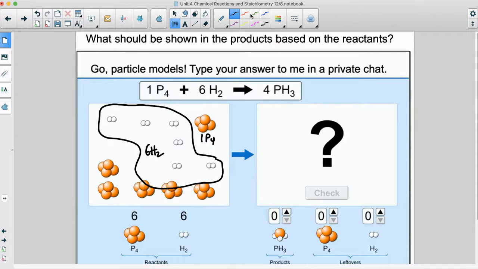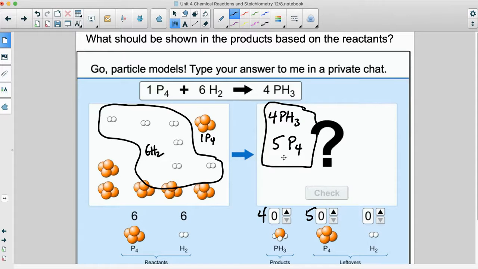Okay, so in our particle diagram, we need to have 4 PH3s, so 4 here. And then what's not reacting here are these 5 P4 molecules. So the answer to this question would be 4 PH3 molecules and 5 P4 molecules in the product side.